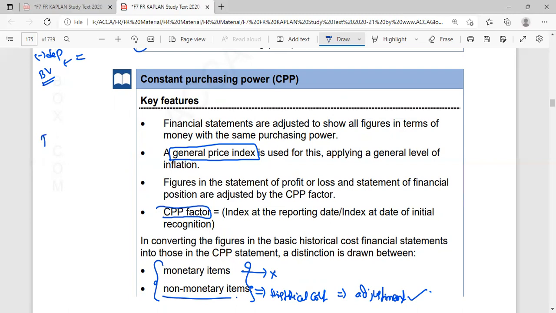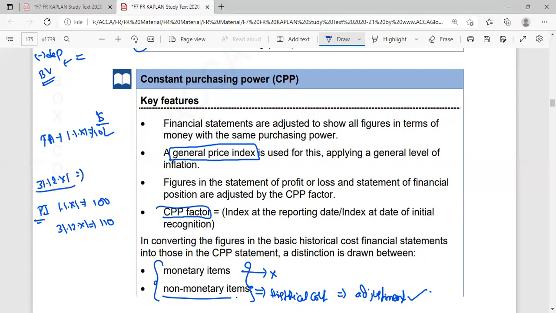For example, a fixed asset is purchased on 1/1/20X1 for 10 lakh dollars, and we have to calculate its value on 31st December 20X1. On 1/1/20X1 the price index is 100, and on 31st December 20X1 the price index is 110.